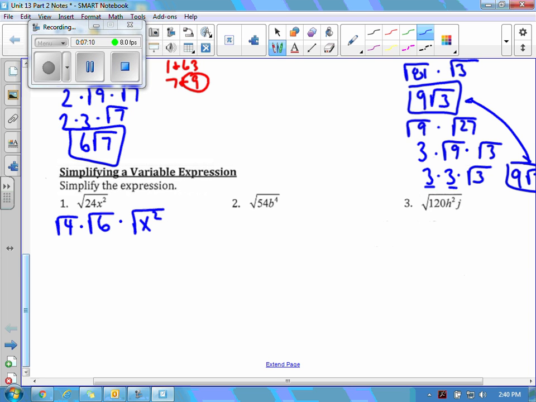So again, that's just your product property of radicals. I'm just splitting everything up. I chose 4 and 6 because I know that 4 is a perfect square. So the square root of 4 is 2. There is no square root of 6. The square root of x squared is x. So the numbers that are outside the radical go together. So I get 2x. The number that's inside the radical stays inside.